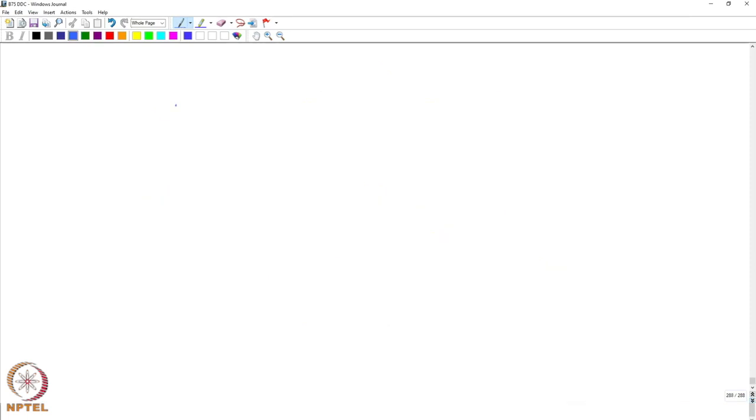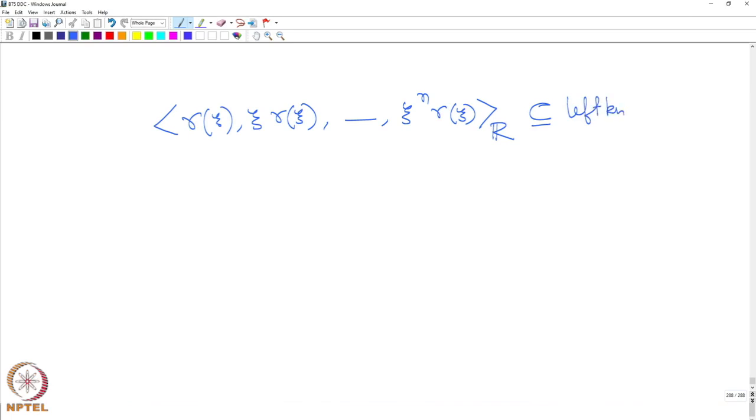So, what I am saying here is that the span of R xi, xi R xi, dot dot dot up to xi to the power n R xi is a subspace of the left kernel of HL plus n of W. Great.